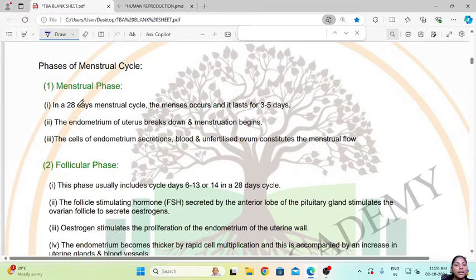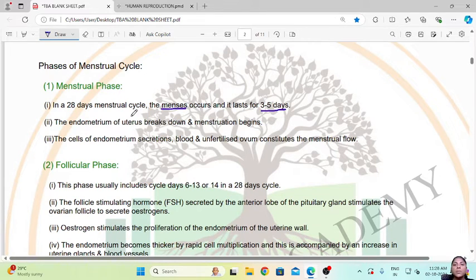So in the 28-day menstrual cycle, the menses or the menstrual flow occurs, and it lasts up to 3 to 5 days. So what is this menses or the menstrual flow? The endometrium of the uterus, since fertilization has not taken place, breaks down and menstruation begins.